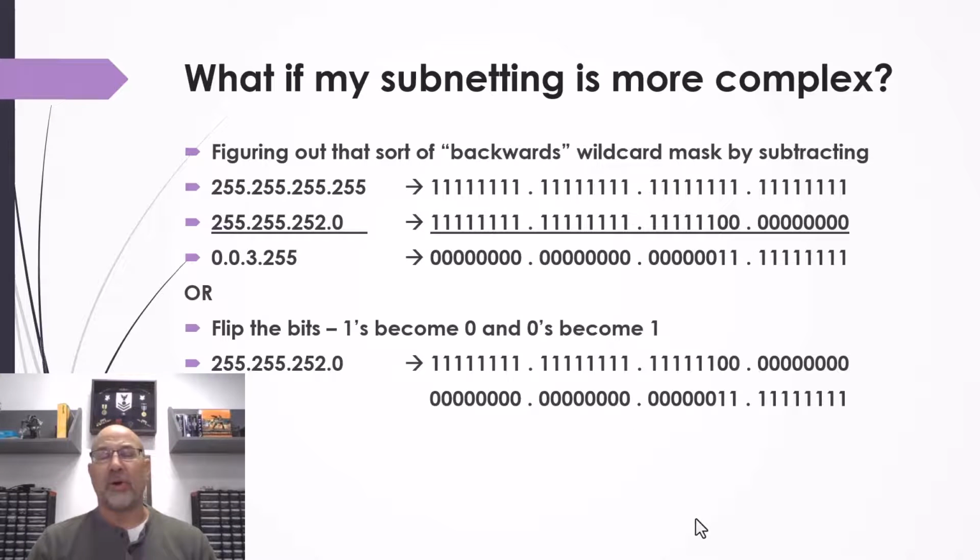So now we're going to figure out that sort of backwards wildcard mask by subtracting. So there's two ways to go about this. If I take the book example and I say, well, what if I start off with a net mask of 255.255.255.255 and just subtract whatever the network mask is, and I would get the wildcard mask that I'm supposed to use.